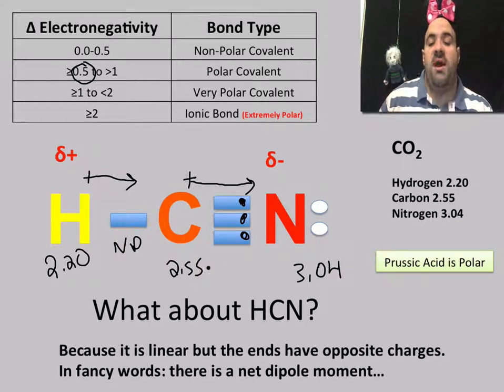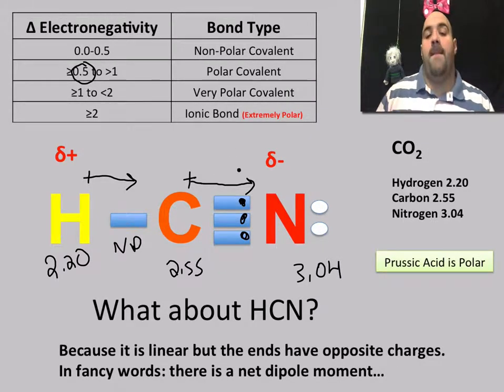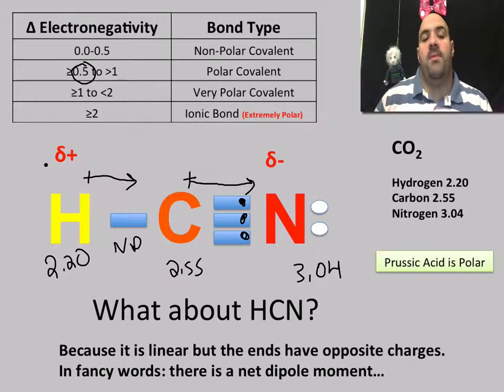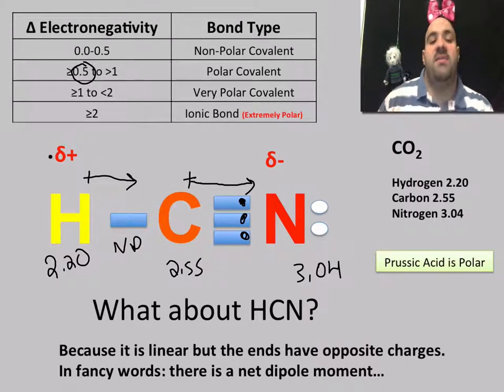So even though this molecule doesn't really have very polar covalent bonds, we have a polar molecule because there is a net dipole moment. The electrons are going in this direction, so this side becomes negative, this side becomes positive.